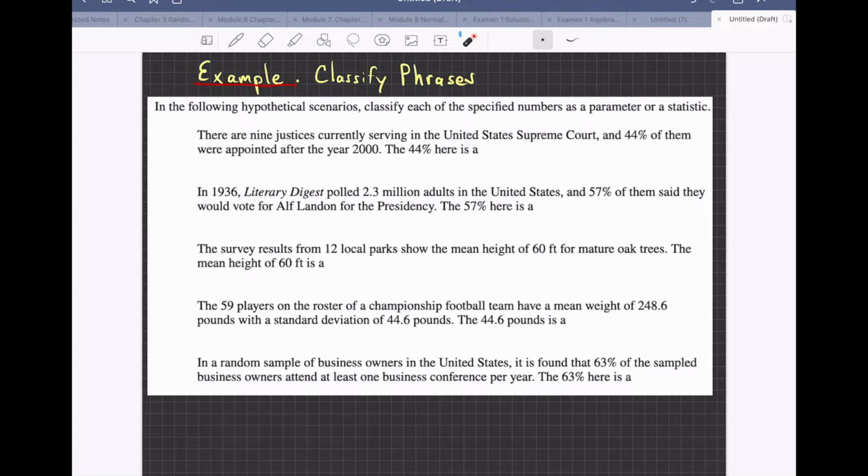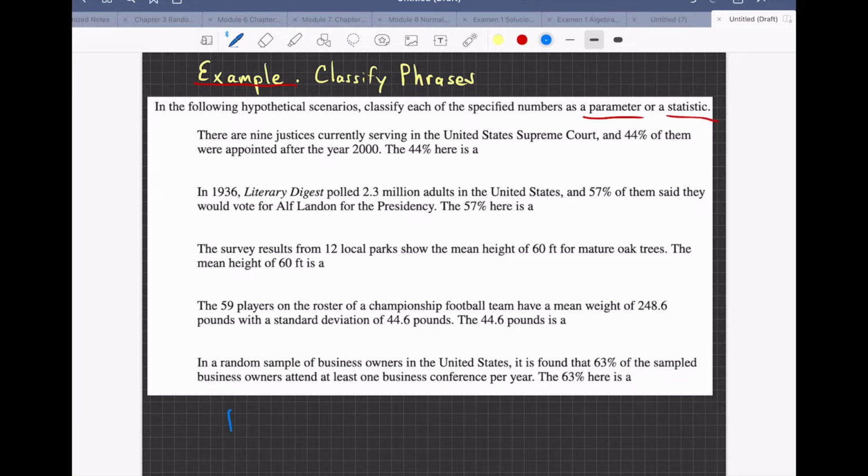All right, first example. These are examples from a chip. First, classify phrases. In the following hypothetical scenarios, classify each of the specified numbers as a parameter or a statistic. How do we know that?